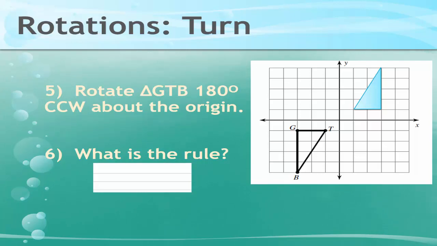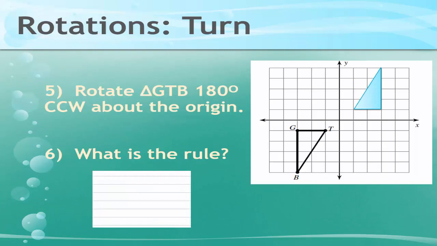But the rule is (x, y) becomes (-x, -y). And so if we're dealing with this particular problem, we can look at any of our ordered pairs. T is at an ordered pair of (-1, -1).